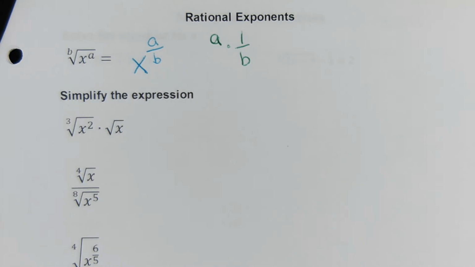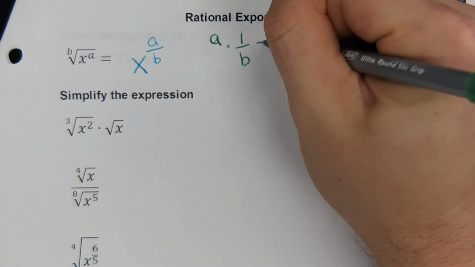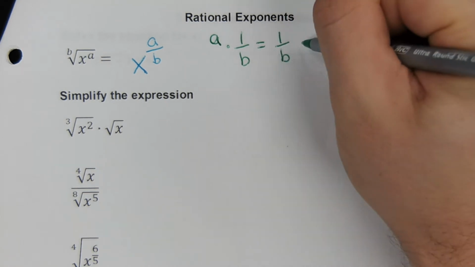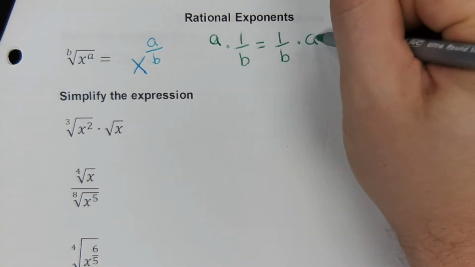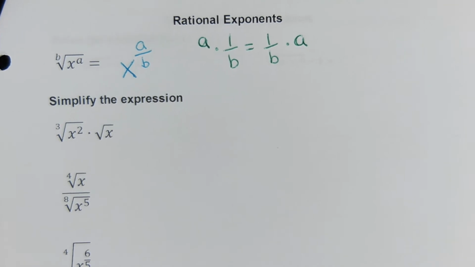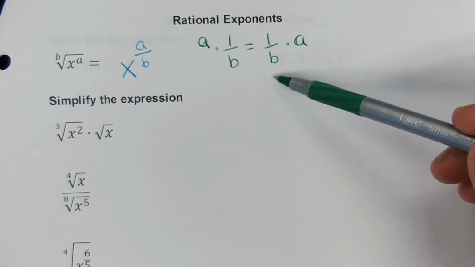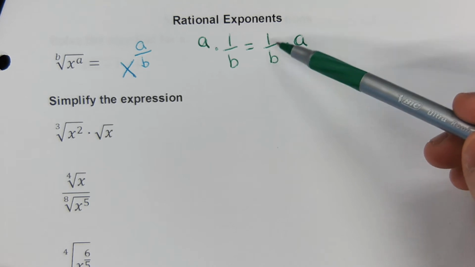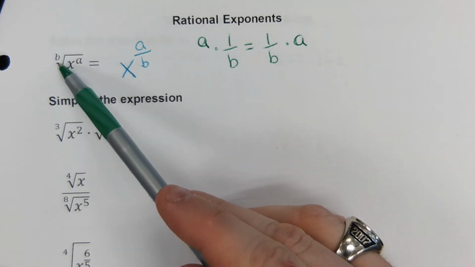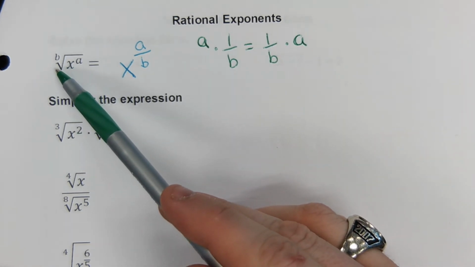I could do that, right? Well, that means that I could actually have written it like this then. Right? Multiplication doesn't care about order. Well, this 1 over b is right here. This b root, if you want to call it that.